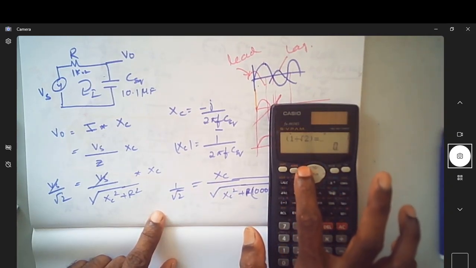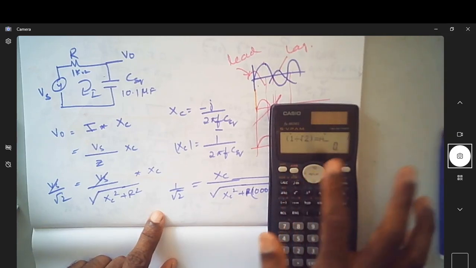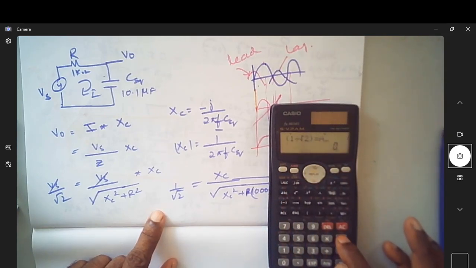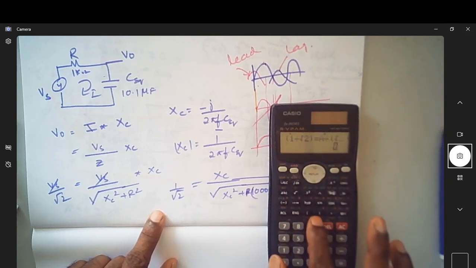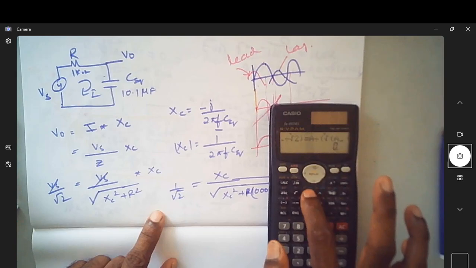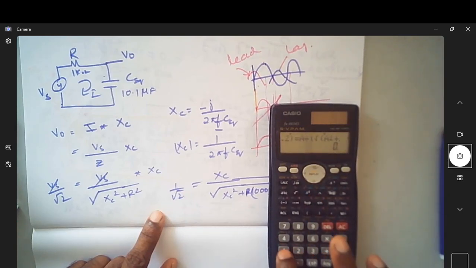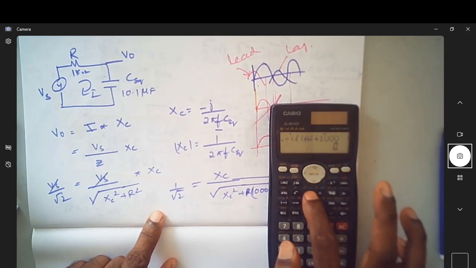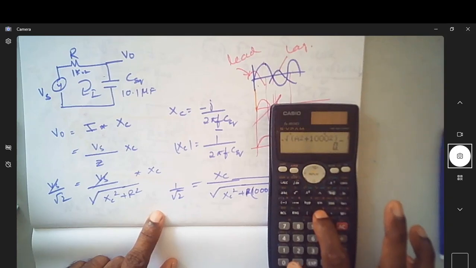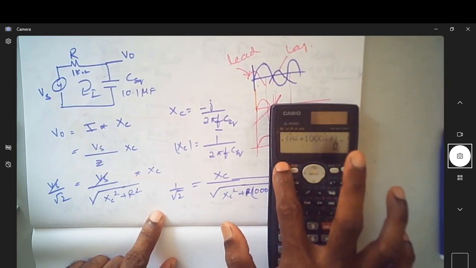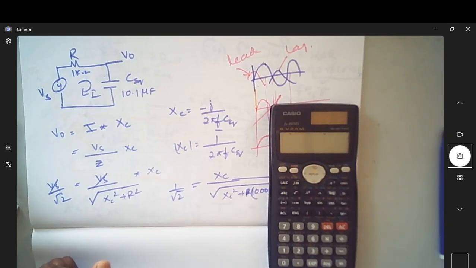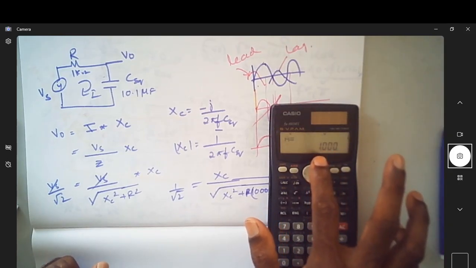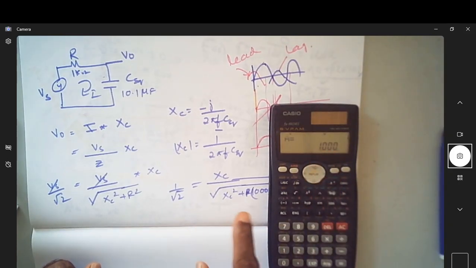I will just type it as alpha a, the unknown parameter, divided by open the parenthesis, open the square root, open again the parenthesis, alpha a square plus 1000 whole square, close the parenthesis, shift calculate. Whatever value I get corresponds to XC.